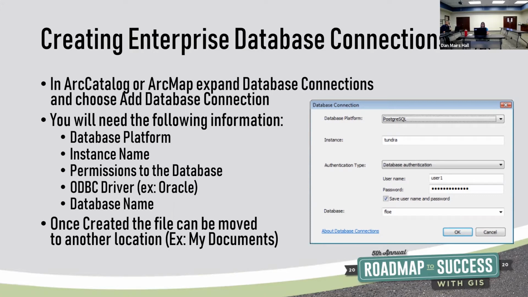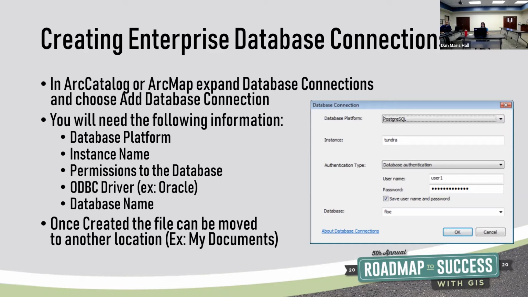So to create database connections, you can do this in ArcMap or ArcCatalog. You're going to go to the database connections in the catalog window in ArcMap, and then you're going to say add database connection. And we're going to go through this in the demo.